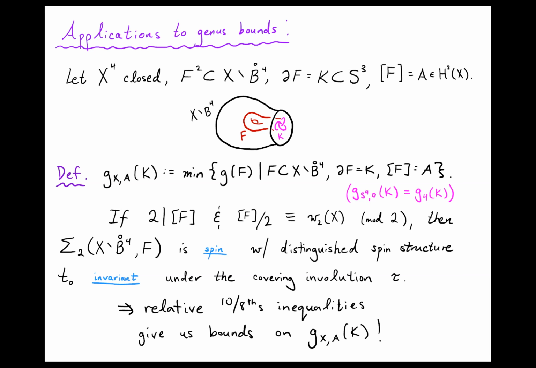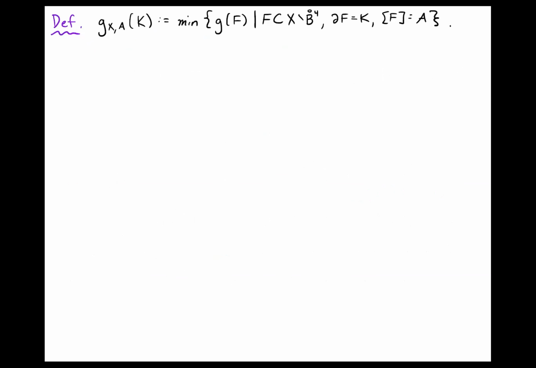And so therefore, we can apply a relative 10/8 type inequality to this manifold with this involution to give us bounds on the X,A genus. Let's see how that looks in terms of the inequalities I showed before. So there's the definition of the X,A genus.